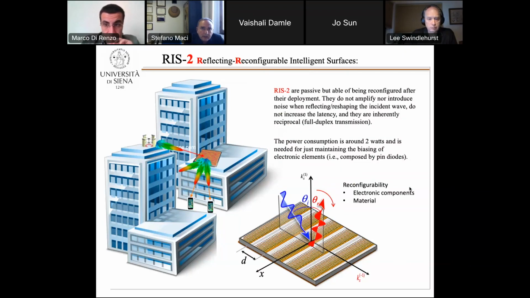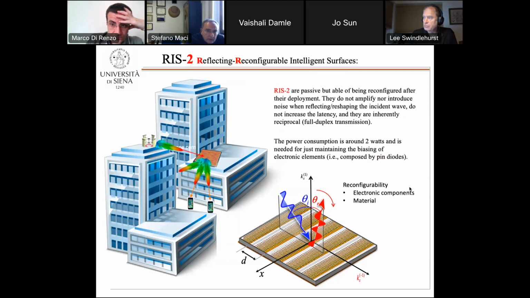RIS2, reflecting reconfigurable intelligent surfaces. These are probably the most interesting ones, the ones that have been presented by Marco more extensively, and they are passive but able to be reconfigured after the deployment. They do not amplify nor introduce noise when reflecting or reshaping the incident wave, they do not increase the latency, and they are inherently reciprocal.